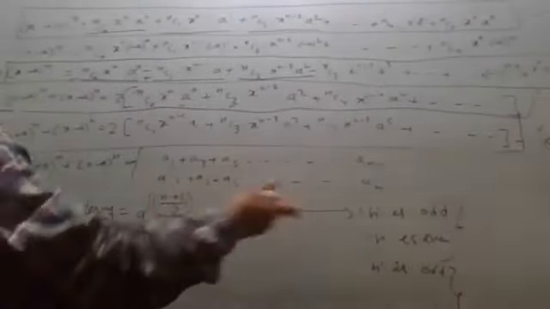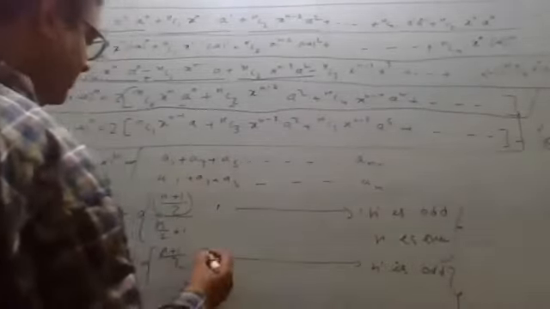So when we subtract, the remaining terms, (n plus 1) by 2, are half the total number of terms. The total number is n plus 1 and its half is (n plus 1) upon 2. So similar will happen in this case also: (n plus 1) upon 2 will be the number of terms in the expansion of (x plus a) to the power n minus (x minus a) to the power n, if n is odd.